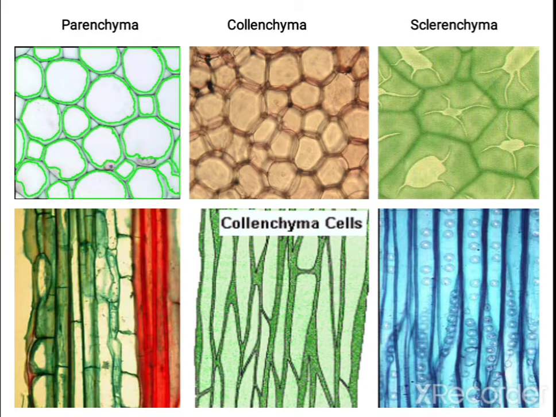So these are parenchyma, collenchyma and sclerenchyma. You can see it is very thick and the cavity present is very small. This is the longitudinal section of parenchyma, collenchyma and sclerenchyma, showing how they look under the microscope. That type of photograph is given here.